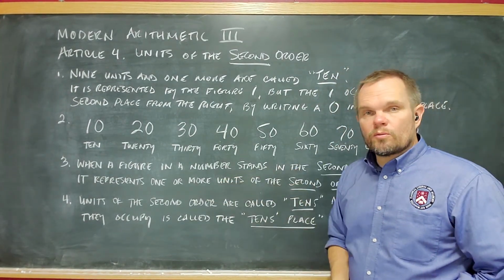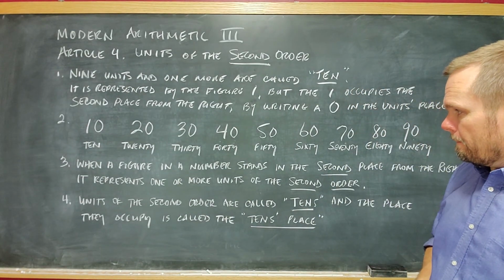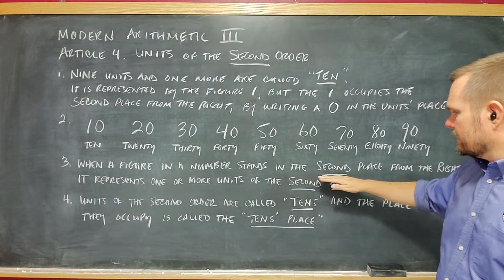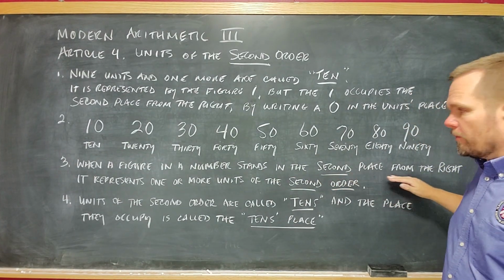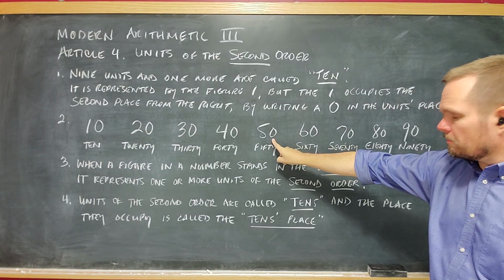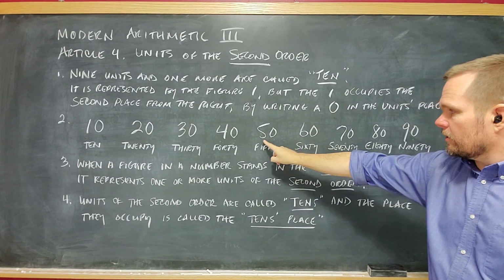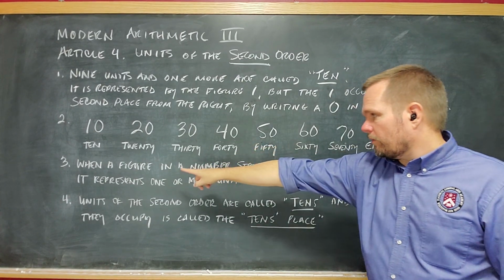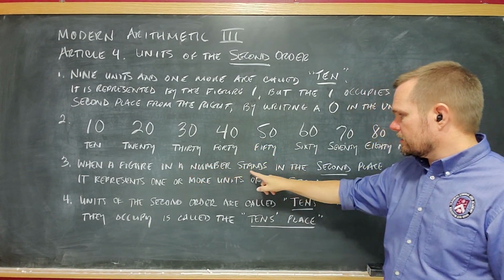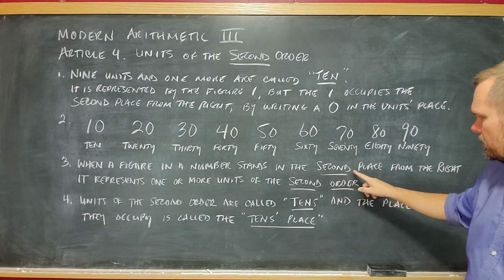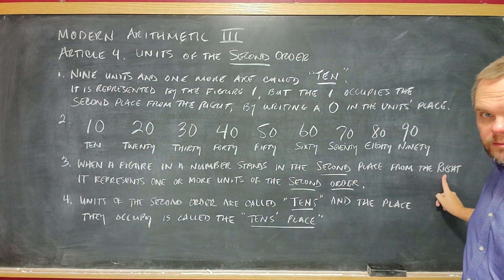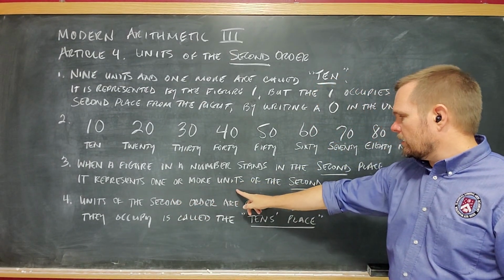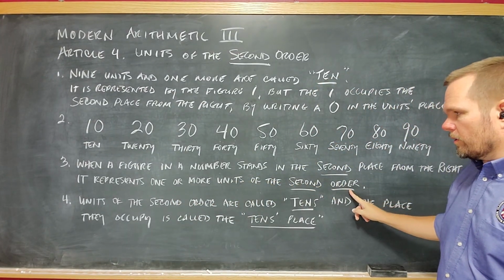Let's go on to rule number 3. When a figure in a number stands in the second place from the right, so here's the first place from the right, here's the second place from the right, it represents one or more units of the second order.